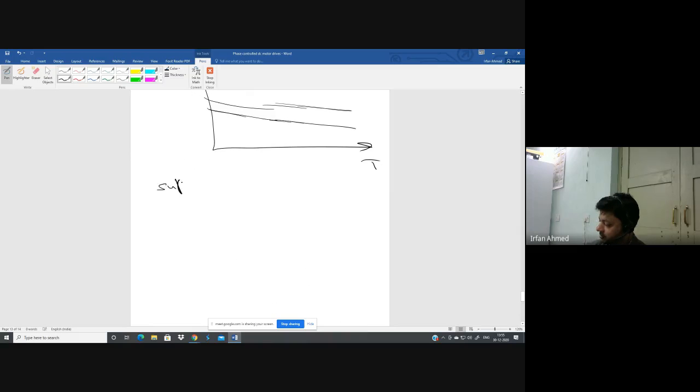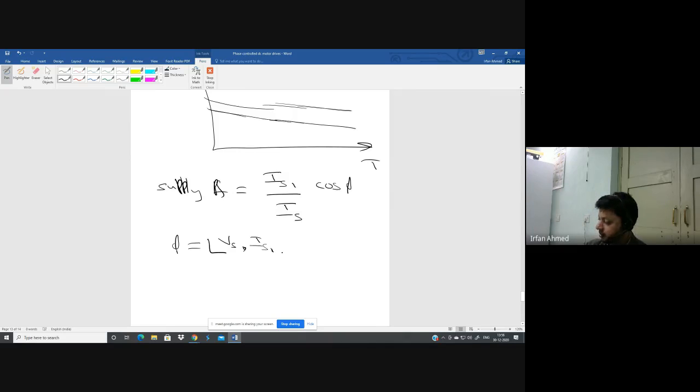So the supply power factor is equal to IS1 upon IS into cos phi, where IS1 is the RMS value of the fundamental component of the supply current, IS is the RMS value of the supply current, and phi is the angle between the supply voltage and the fundamental component of the supply current.